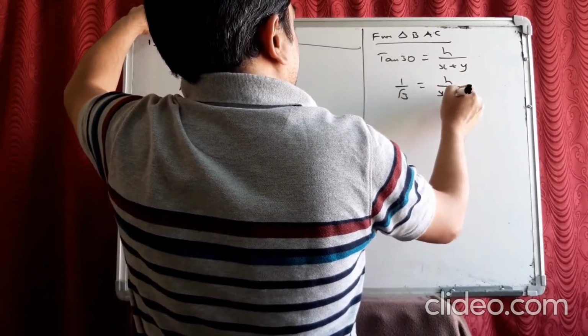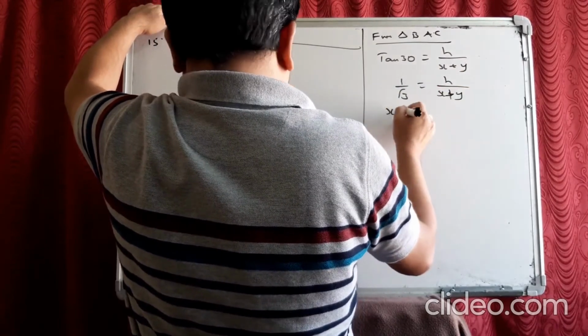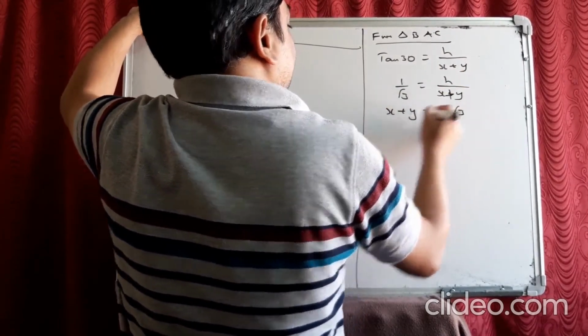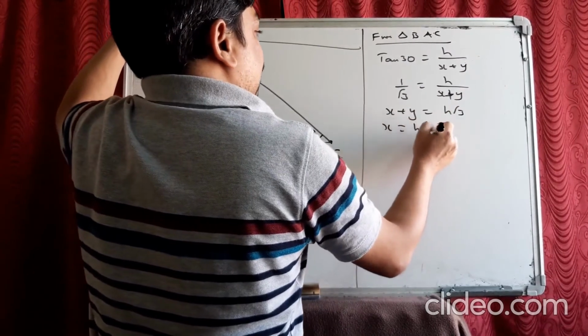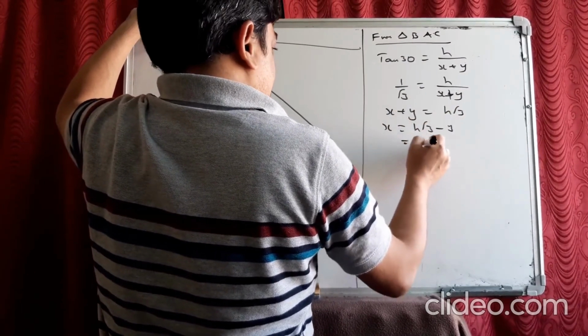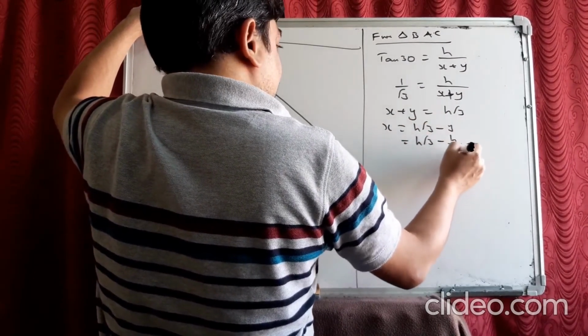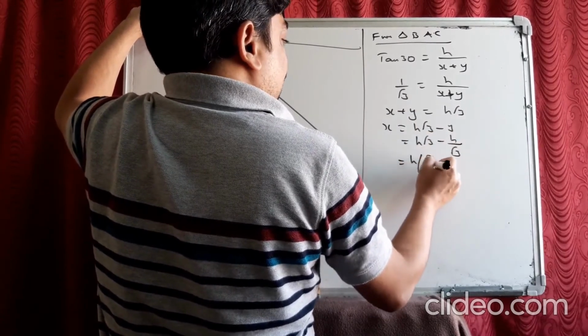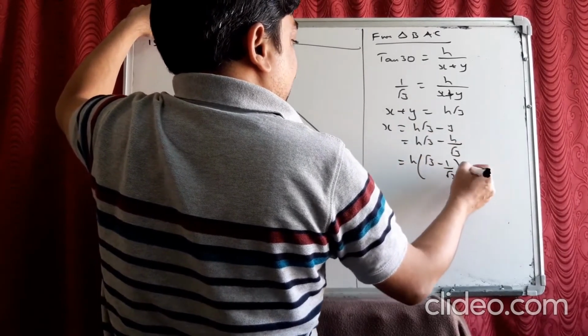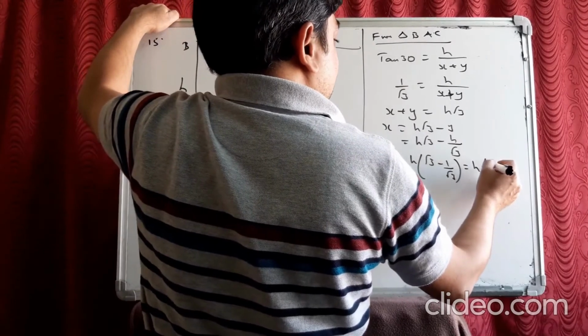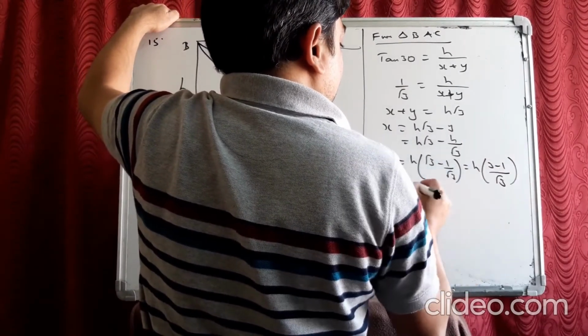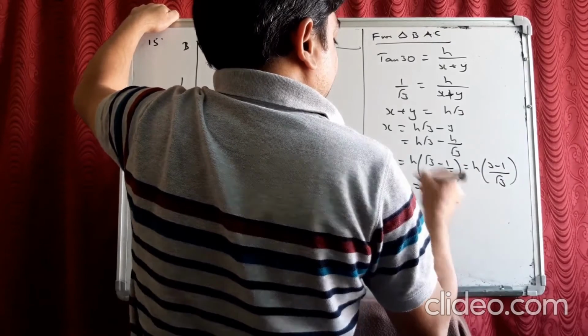Cross multiplying, x plus y is equal to h root 3. So x equals h root 3 minus h by root 3. Take h common: h into (3 minus 1) by root 3, which is 2h by root 3.